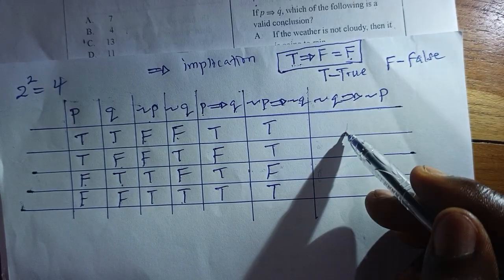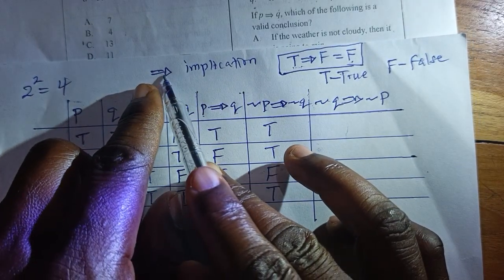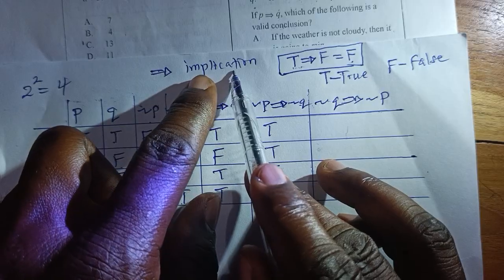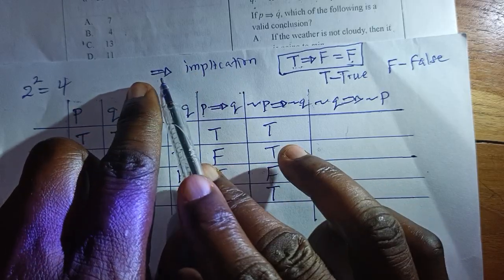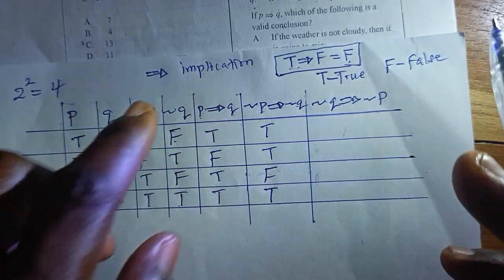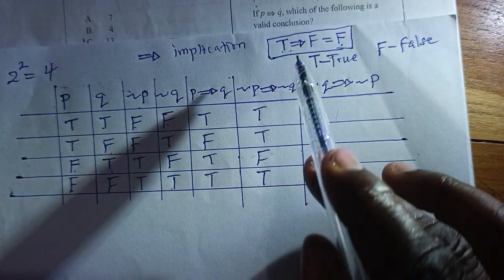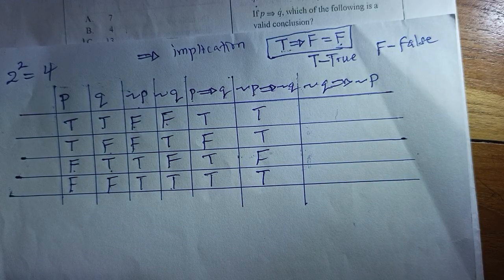In solving this last column, whenever we are working on implication in logical reasoning, there's a statement we call the antecedent and we have the consequent. So you have to consider the antecedent first before the consequent.